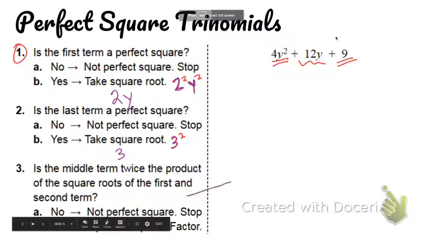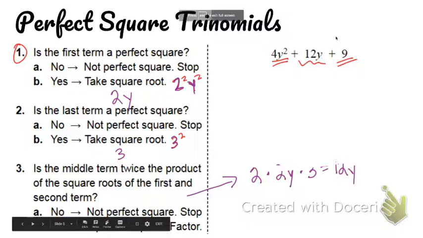So it's saying twice the product of the square root of our first term and our second term. Let's see if that equals 12y. 2 times 2 times 3 is 12, and we have a y. So that's true as well.